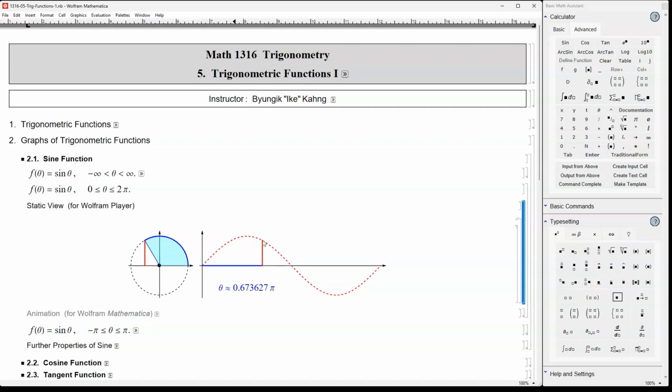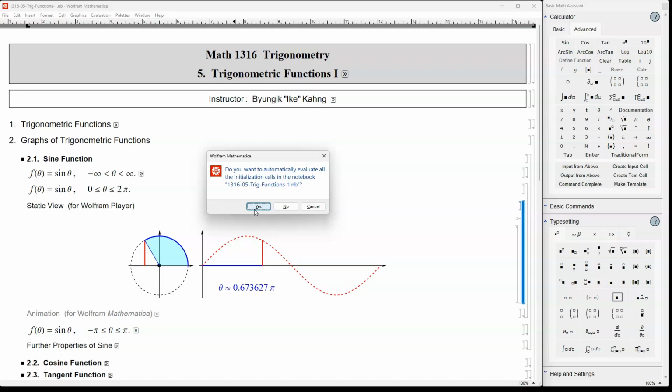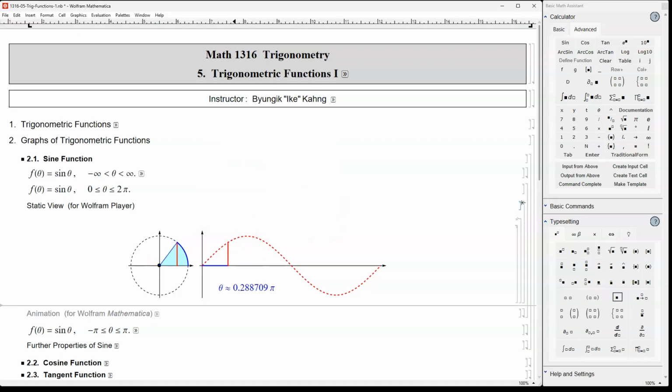So this point here is theta comma sine of theta, and this program is randomized, so at this moment theta is about 0.67 pi. Run it again, and I'm going to get a different place, but in any case, please notice that this vertical and this y-coordinate always match, and the arc length here and this horizontal highlighted in blue must match as well.